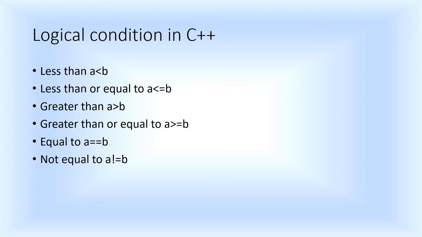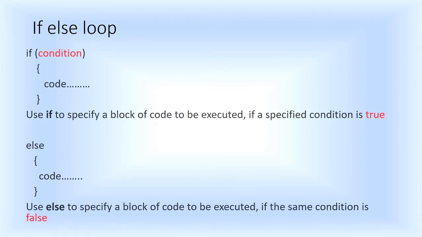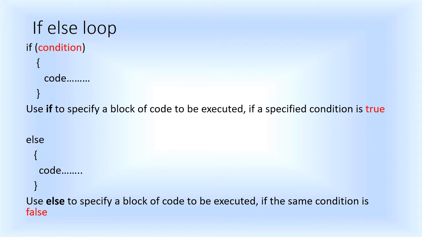Then comes the if else statement. If, and the condition is put, then the execution part of that condition. The next line explains that we use if to specify a block of code to be executed if a specific condition is true.